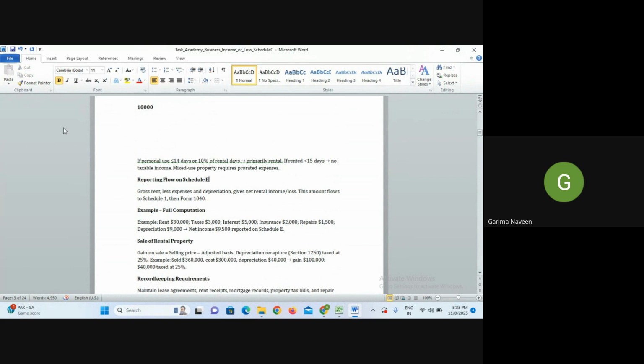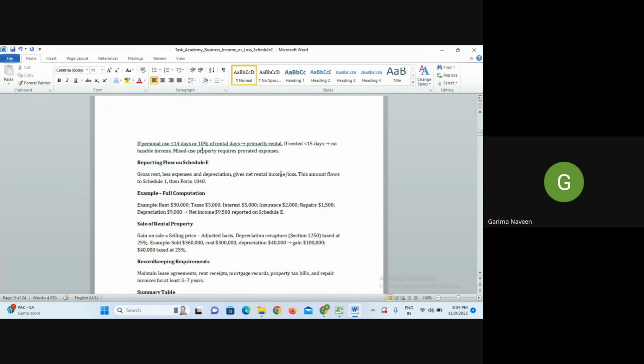All the income you are getting from your rental purposes will not be included in your form 1040. It will only be included if you are giving it for rent for more than 15 days.